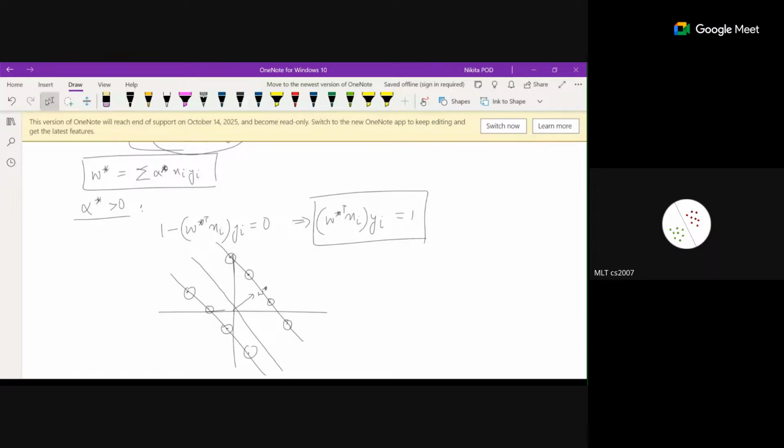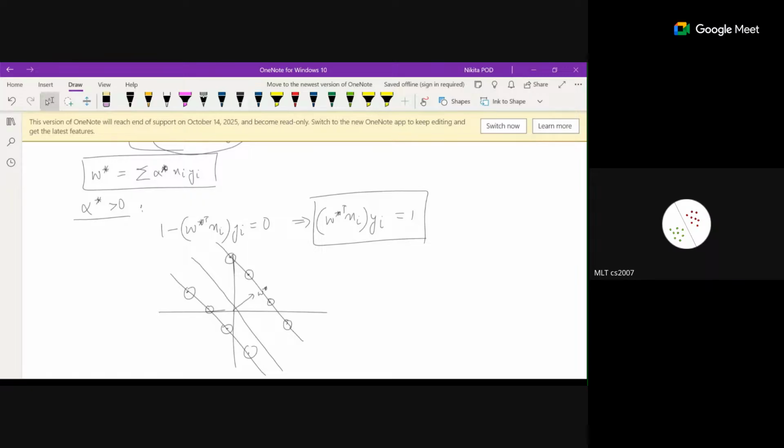W star is nothing but the sum of alpha i star yi xi, so this turns out to be the sum of alpha i star yi xi transpose x test.